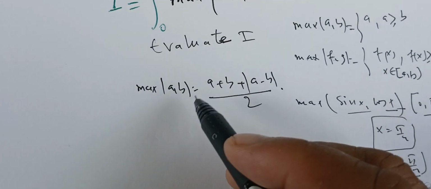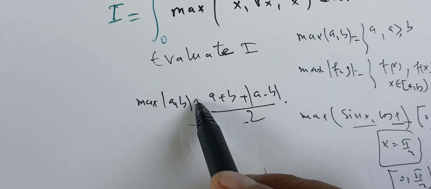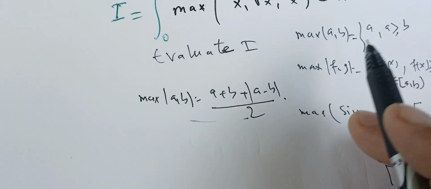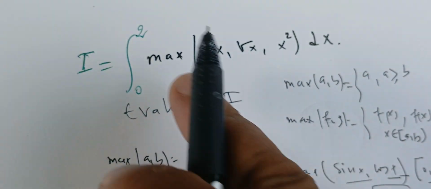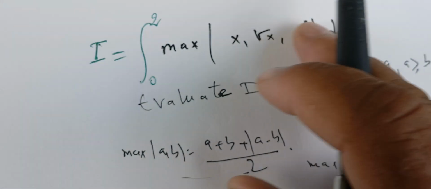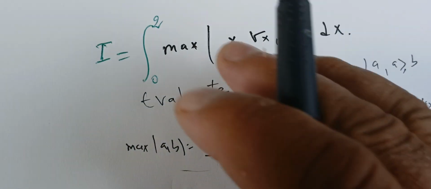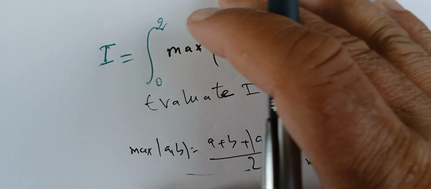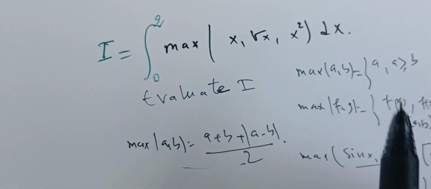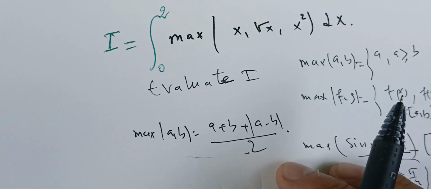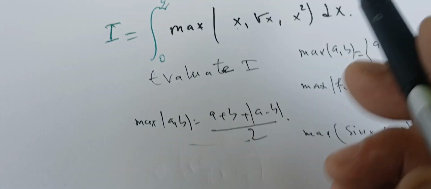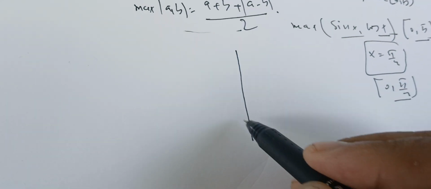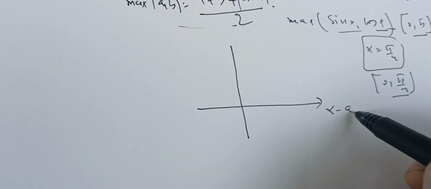You can check that. And from here we can use recursion to define it for 3 elements. But for us, we just want to graph these 3 functions on the same graph and see which one is bigger on 0, 2. We know how to graph x, square root of x, and x squared. Let's do that, but we have to be careful.